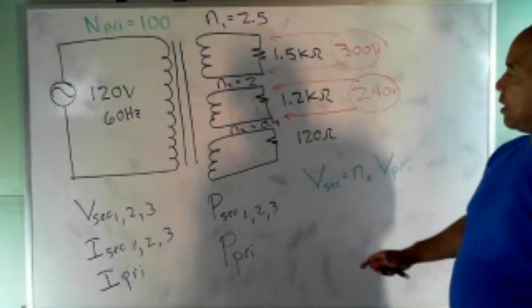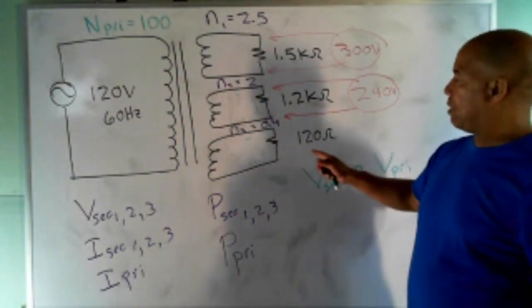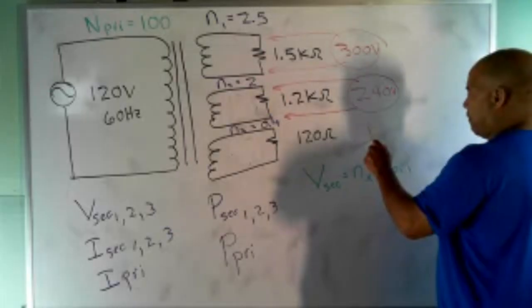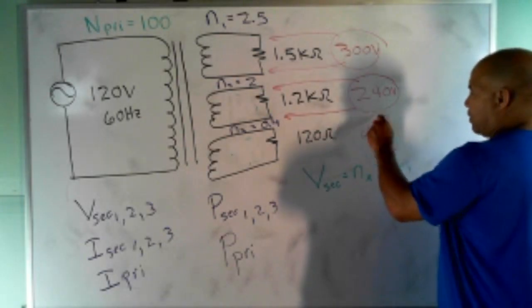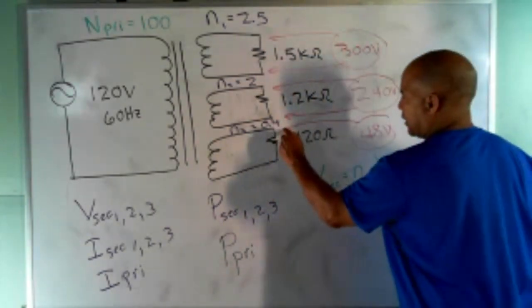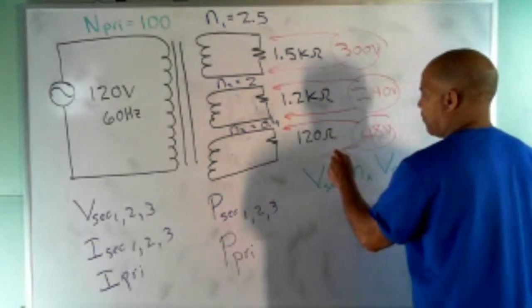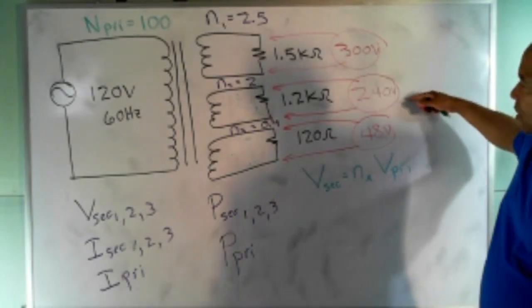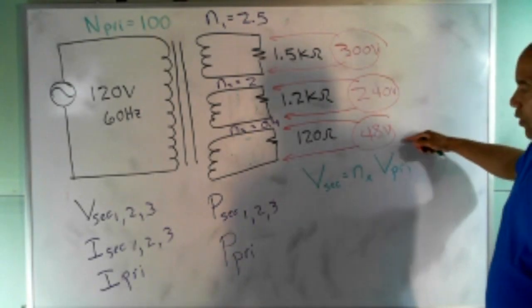And then if I take 0.4 times that, 48. 48 volts across that. So this voltage got stepped up, this voltage got stepped up, this voltage got stepped up.